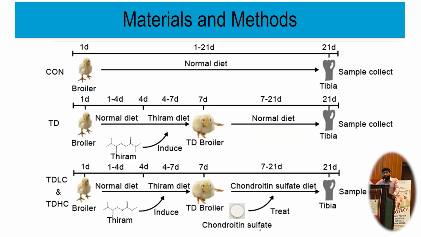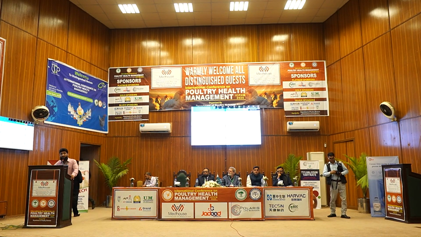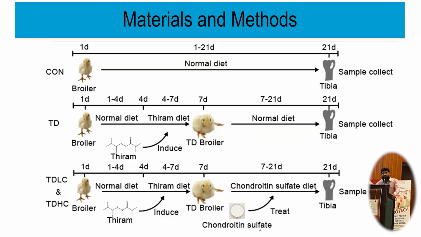When serum was given, the animals got tibial dyschondroplasia, so the disease was induced. In the TDLC and TDSC groups, we gave chondroitin sulfate along with the serum, so chondroitin sulfate gives a protective effect. At 21 days, all the chickens were slaughtered, and we collected the tibia bone and other important organs for further processing.